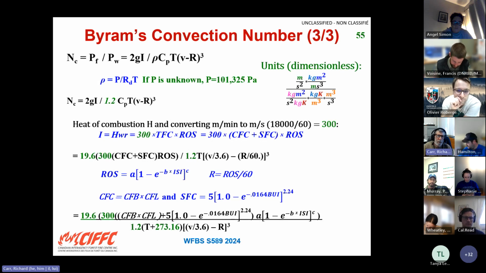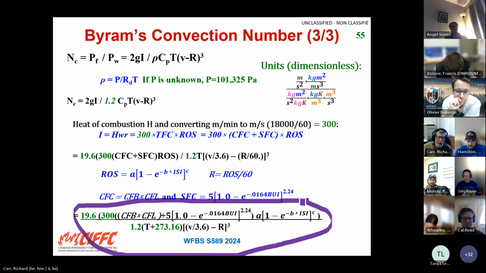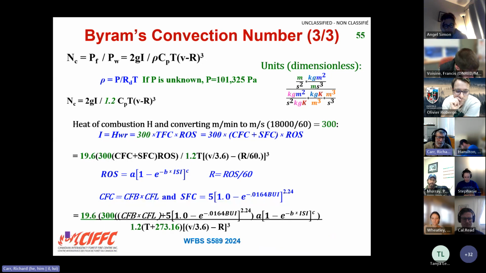Then if we fully expand it, right at the bottom here, you can see what it turns into. It becomes quite a complex equation and starts looking like a fancy building with terraces and an underground parking garage or something like that.